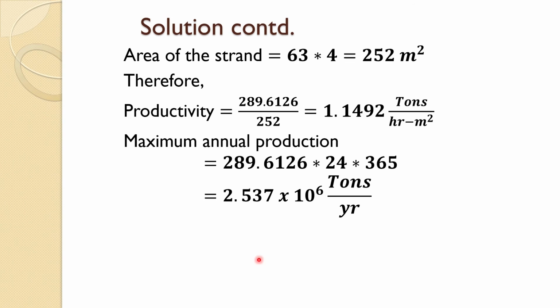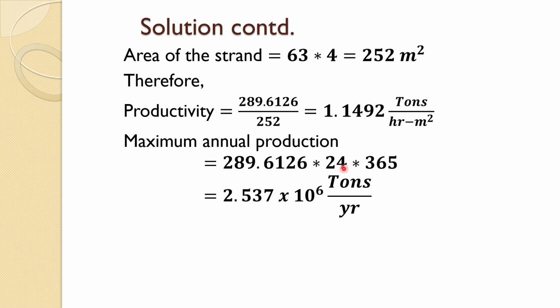And in terms of productivity, we know the sinter strand area, the length and the width are given. So, we divide our sinter product by this, and it gives you about 1.1 ton per hour per meter square, and that would be the sinter productivity. Usually production is given in terms of ton per year.